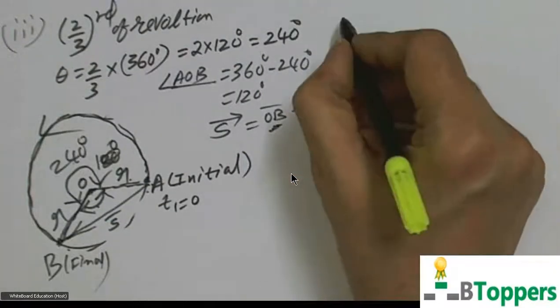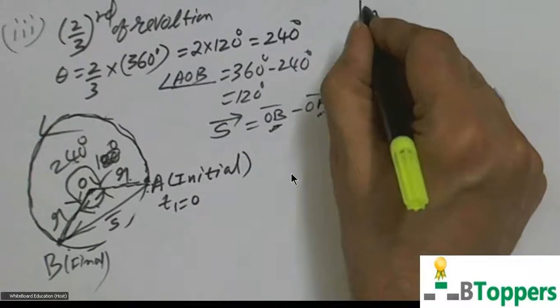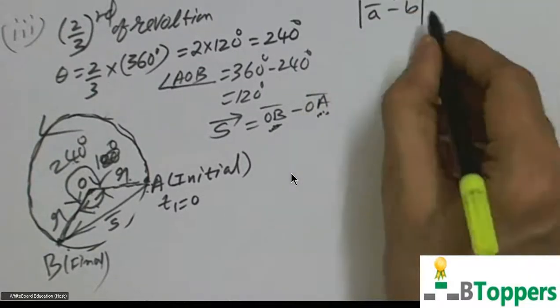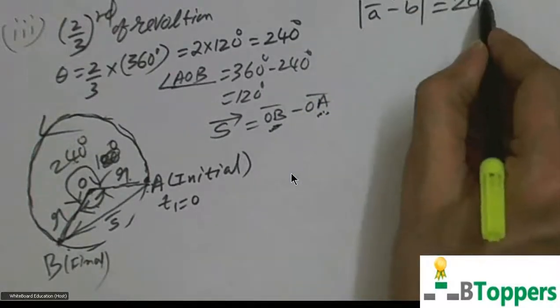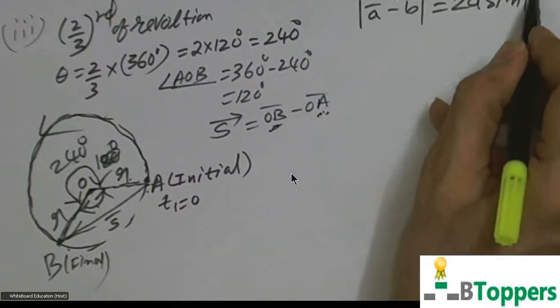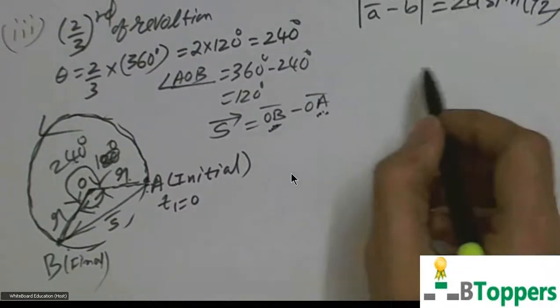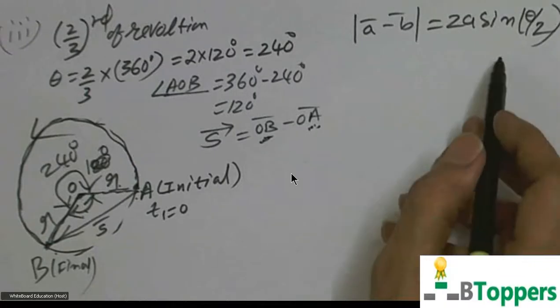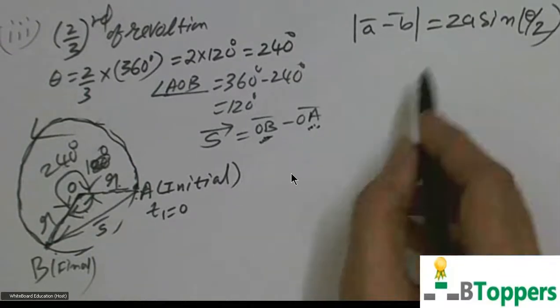As I discussed in the past, if two vectors A bar and B bar have same magnitude, mod of A bar minus B bar equals 2A sine theta by 2, where theta is the angle between the two vectors A bar and B bar.